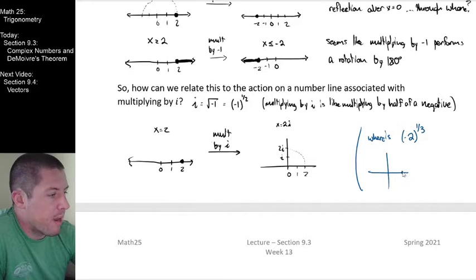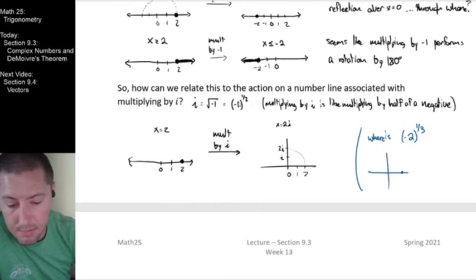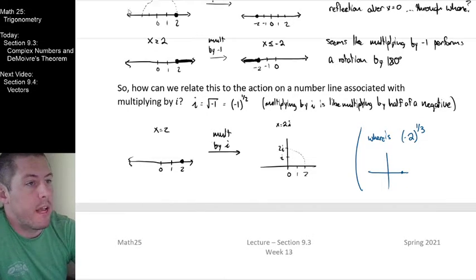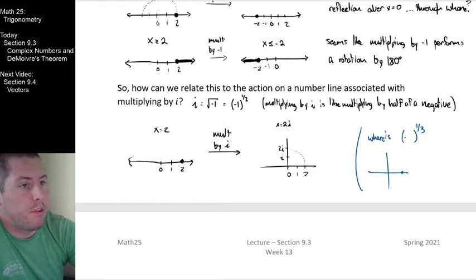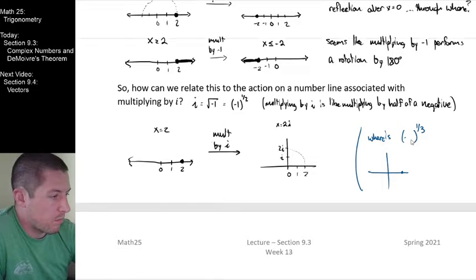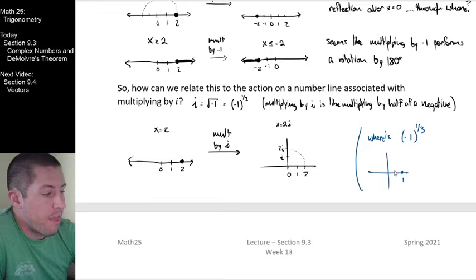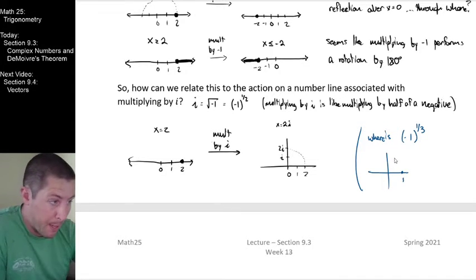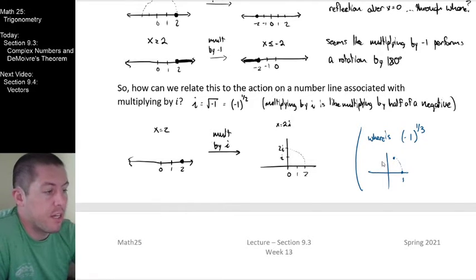Let's just write this as -1, to get rid of the numerical confusion right here. If that's where 1 is, then this is like saying do 1/3 of a negative, and so we should conceivably end up doing 1/3 of a rotation, where if we did all three parts, we would just land back over here at -1, right?